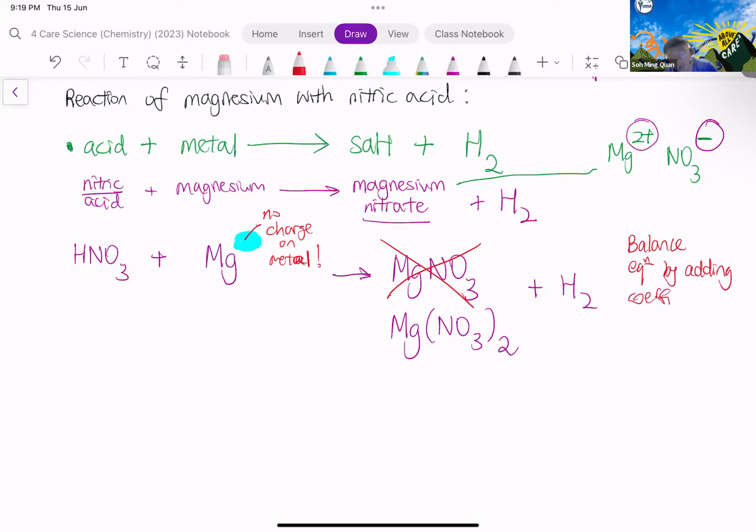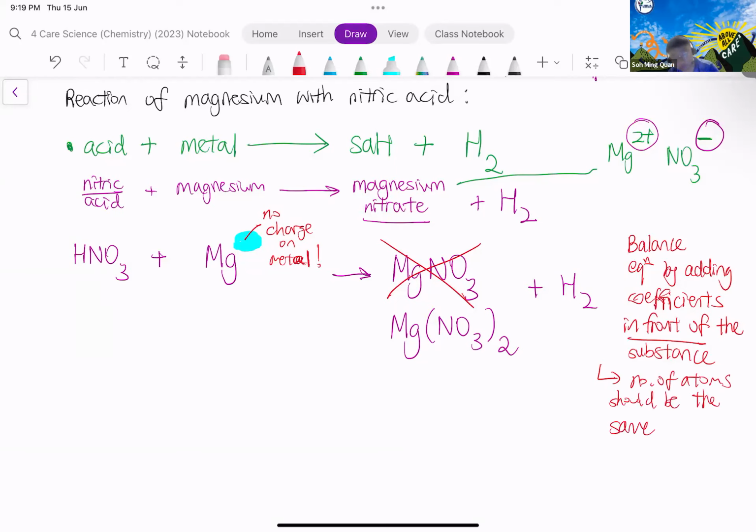So we balance the equation by writing coefficients in front of the substance. The purpose is the number of atoms should be the same on the left-hand side and right-hand side.